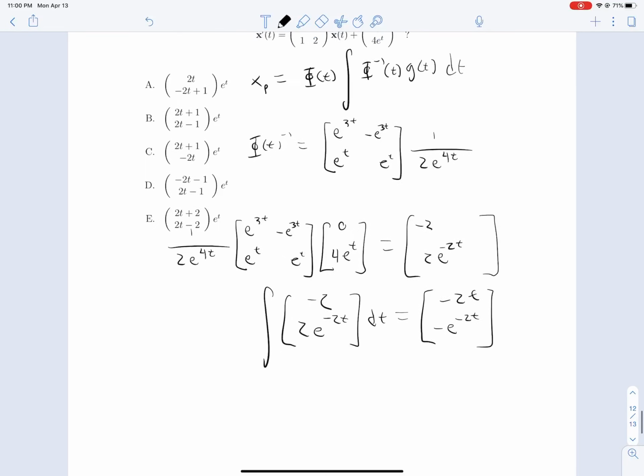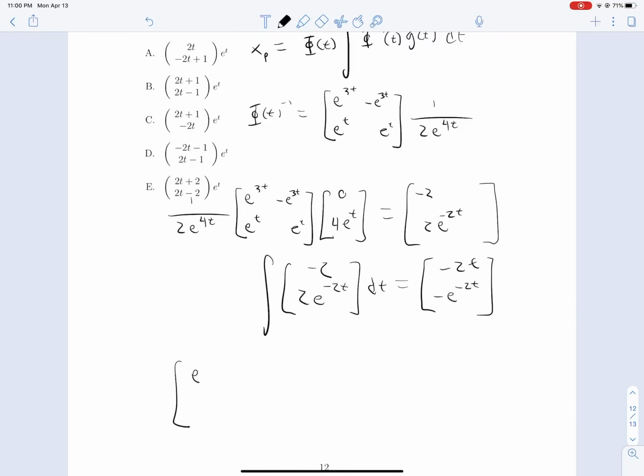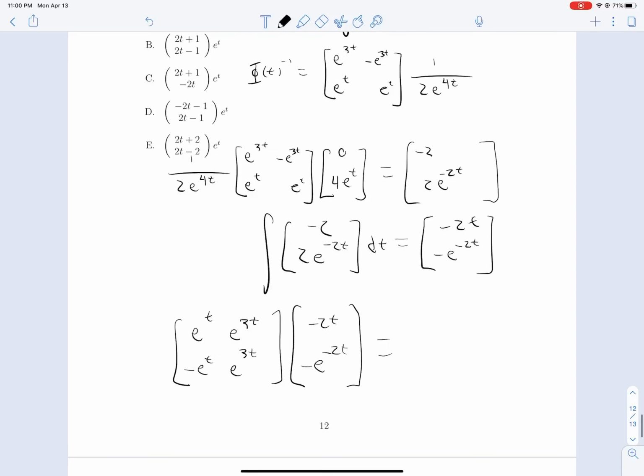Now grabbing our fundamental matrix, e to the t, negative e to the t, e to the 3t, e to the 3t, and multiplying it by negative 2t, negative e to the negative 2t, we will get, theoretically, an answer. It's going to be a 2-by-1 matrix. We will have minus 2t e to the t minus e to the t.